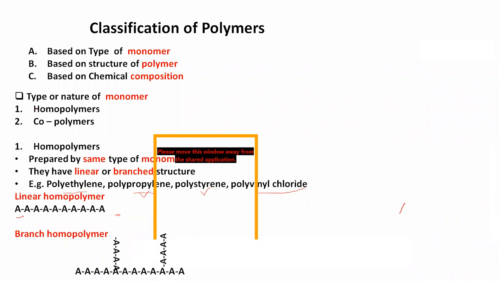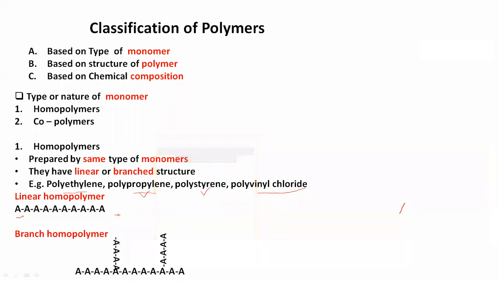So we have a branched homopolymer. If you look at the structure of this polymer, you will find there is only one monomer. One and the same monomer is repeated n times. That is a homopolymer.